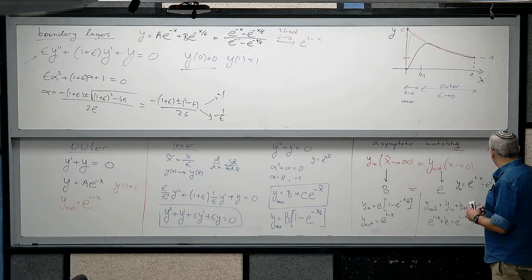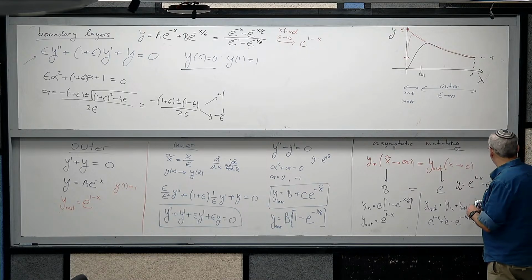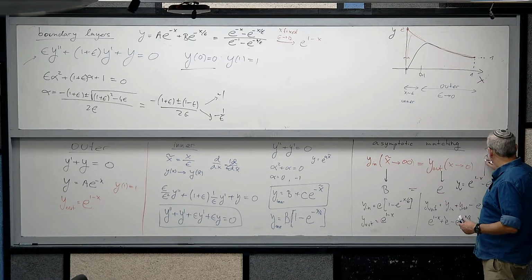Now, note that this uniform approximation, if I put x equals 0, is actually 0. So it satisfies the inner boundary condition, but it misses the outer boundary condition. If I take x to be 1, this is 1 minus e to the minus 1 over epsilon, times e.